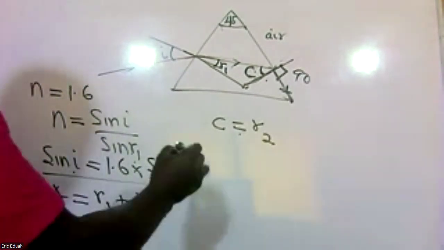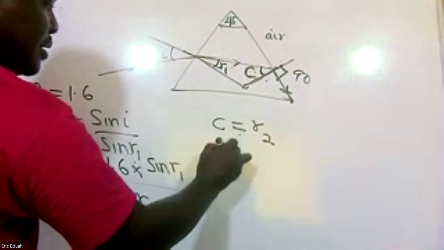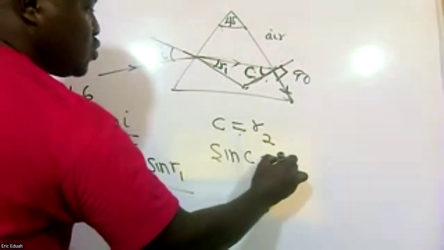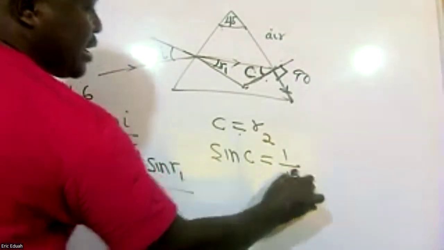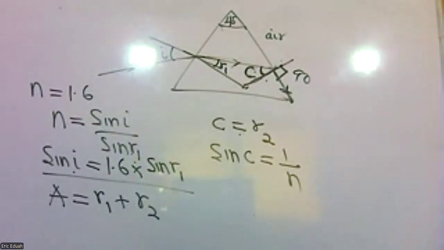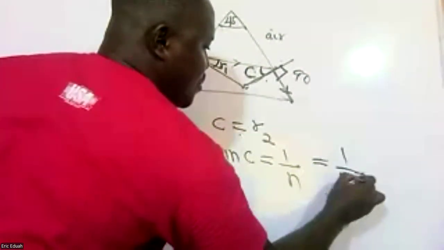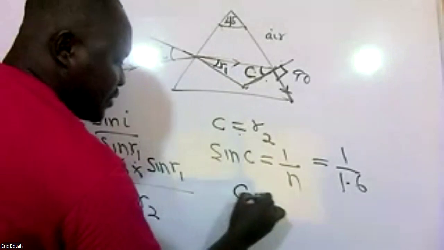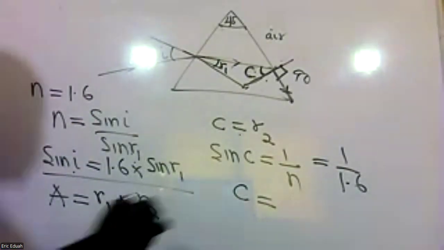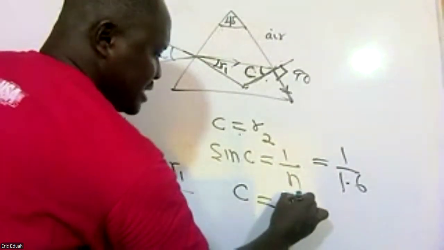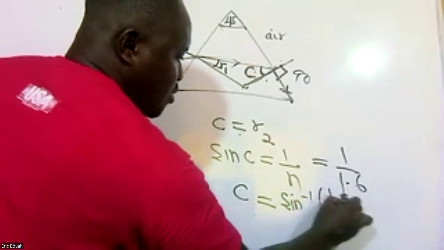Okay, so using sine C is equal to 1 over the absolute refractive index of the material, we have 1 over 1.6. Therefore, the critical angle would be equal to the sine inverse of 1 over 1.6.